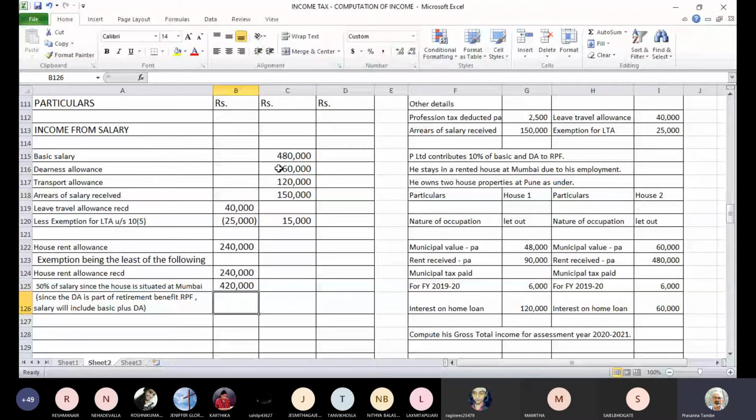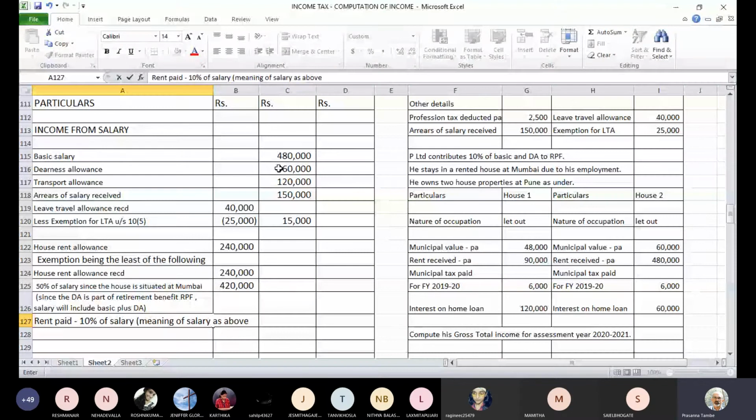And the third factor is rent paid minus 10% of salary. The meaning of salary remains unchanged.